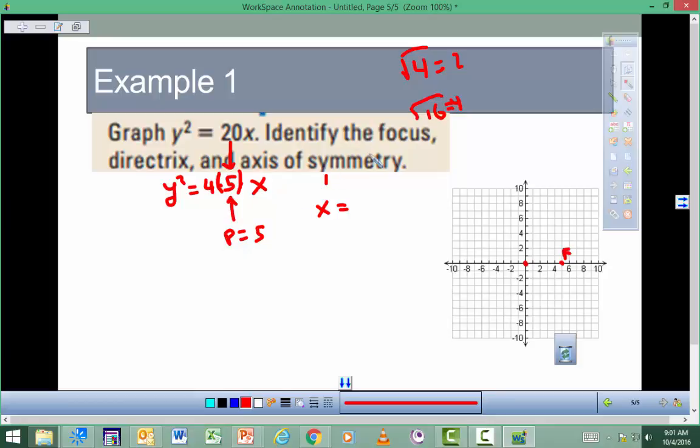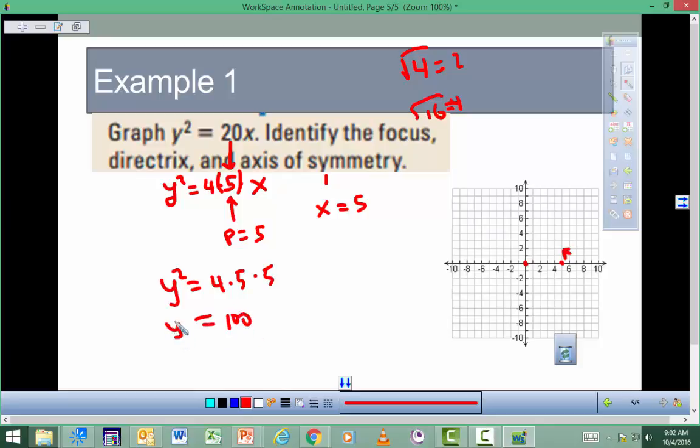All right, I'll tell you the first one, okay? How about if we make it 100? In other words, if I make x equal to 5, then I have y squared is equal to 4 times 5 times 5, and that would equal 100.